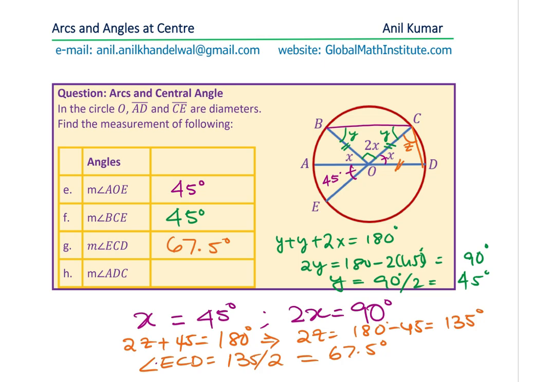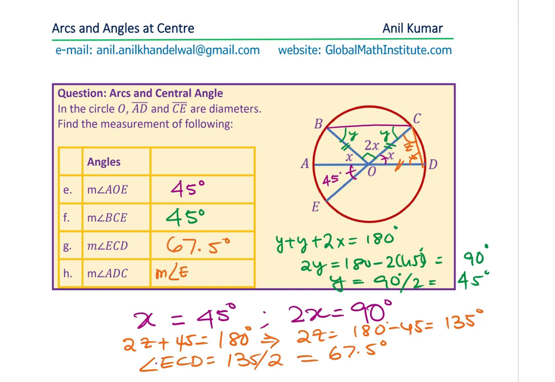Correct. Now let's look into the last part of this question, which is to find the angle ADC. So ADC is the other angle, which is also equal to z, right? So this is equal to the measurement of angle ECD, right? Because that is an isosceles triangle, it is the same as the measurement of angle ECD.